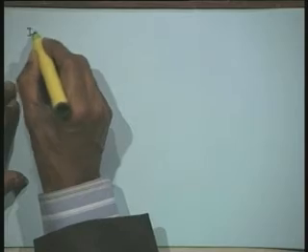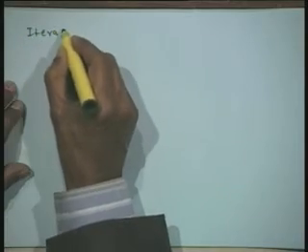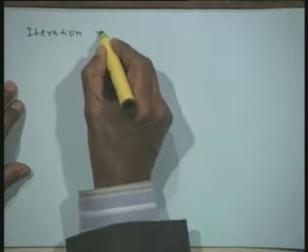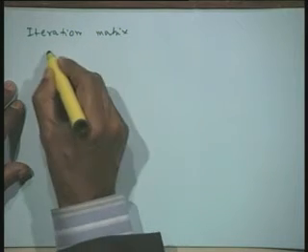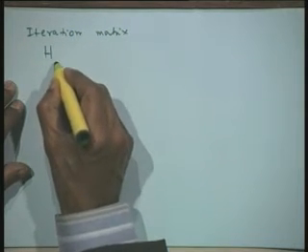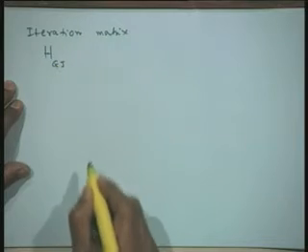Now let us write down the iteration matrix for the Gauss-Seidel also. Let us give a suffix to it.